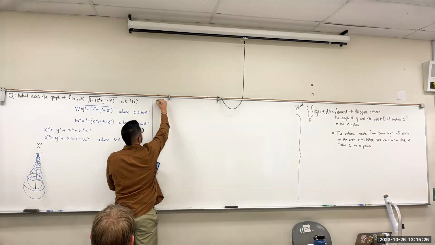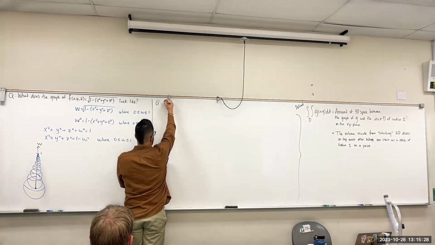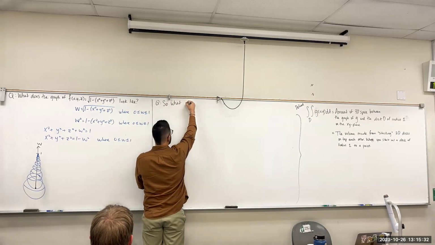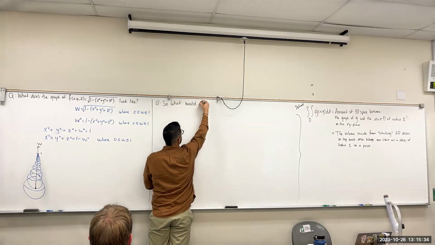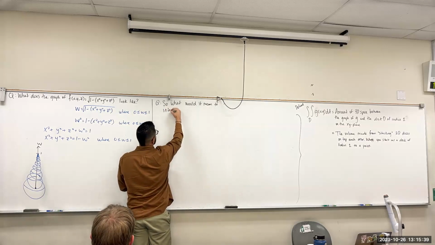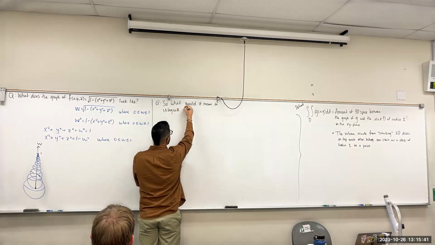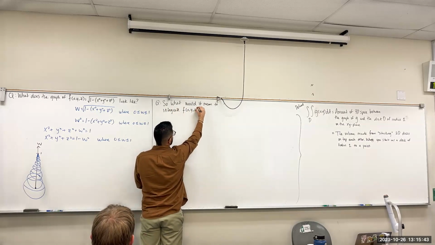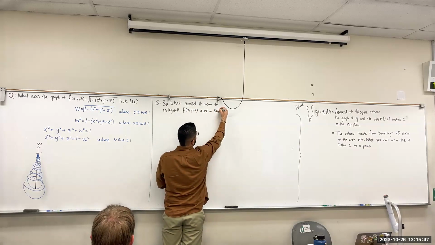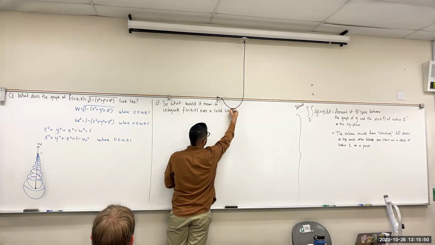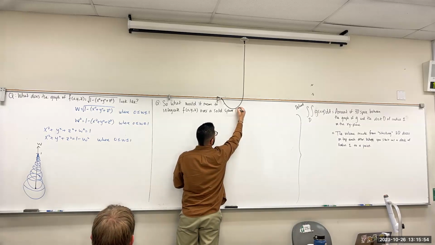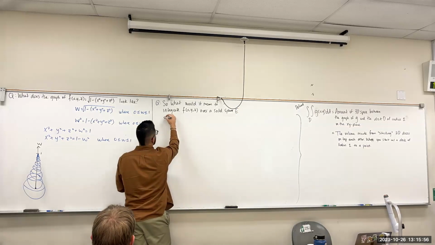Okay, so here's the second question. What will it mean to integrate this function f of x, y, z over a solid sphere E of radius 1?